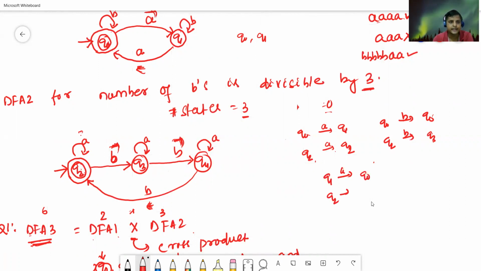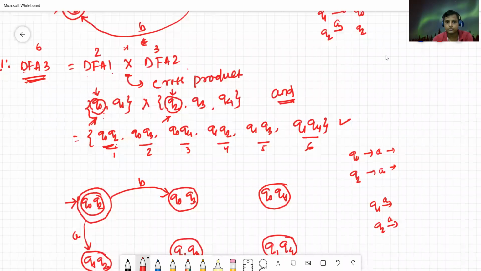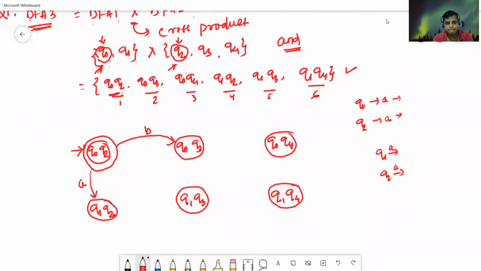Q2 reads A, goes to Q2. So Q1, Q2 reads A, goes to Q0, Q2.